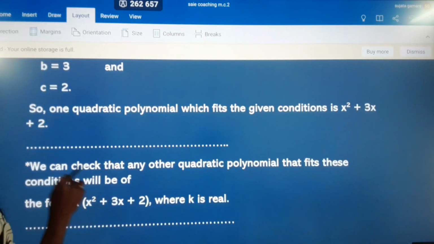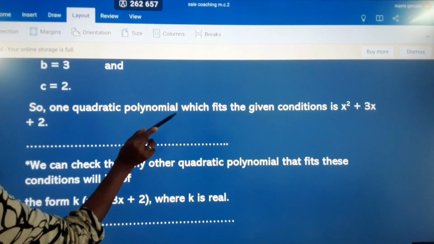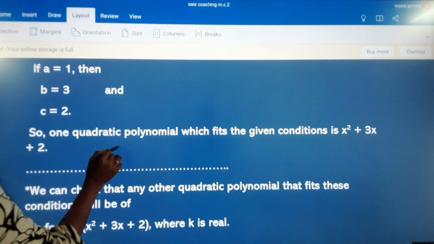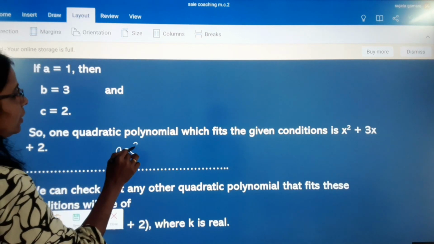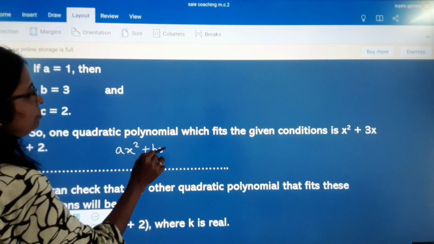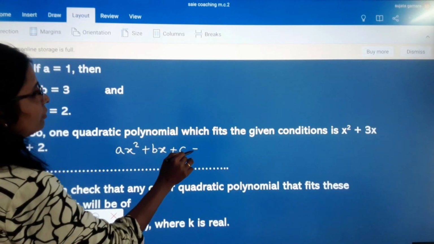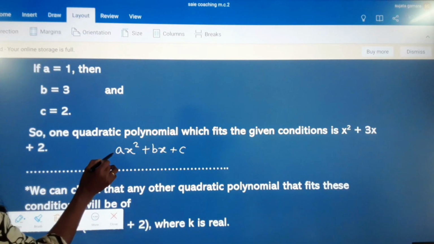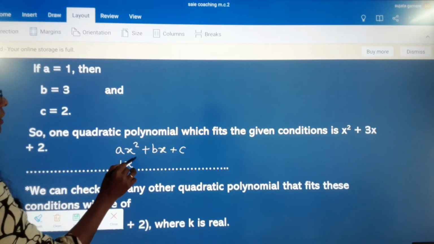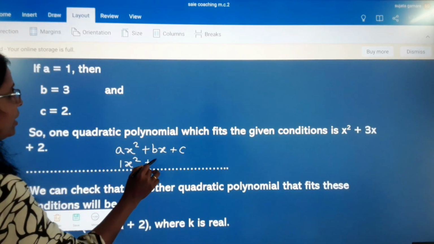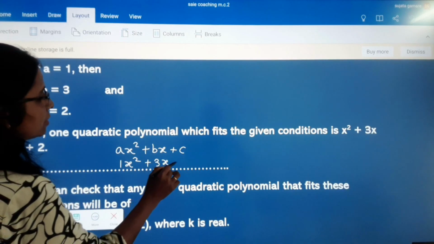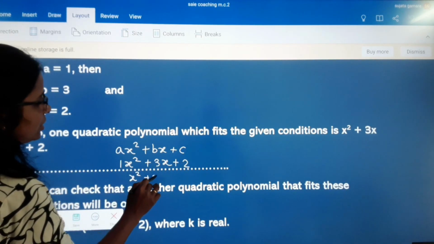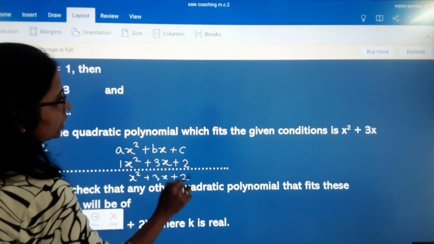In the form of ax square plus bx plus c, with a as 1, b as 3 and c as 2, the polynomial is x square plus 3x plus 2.